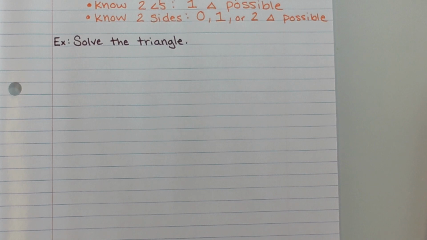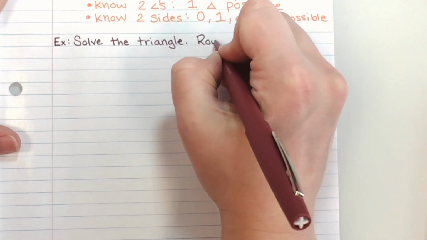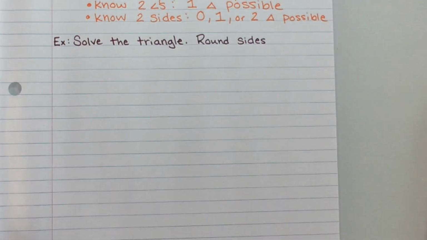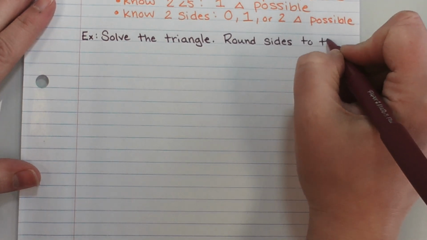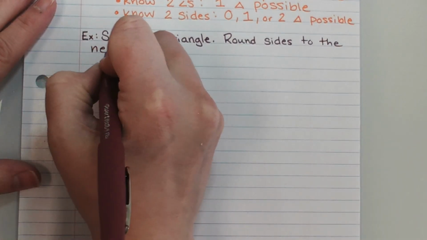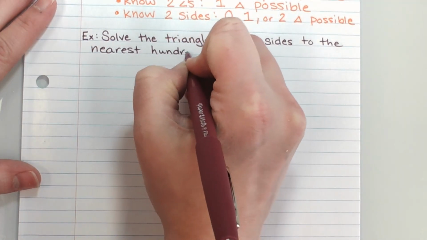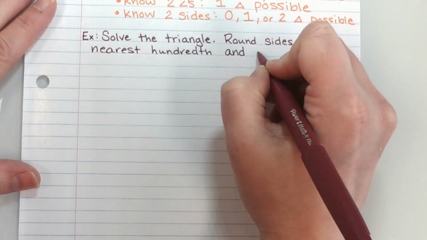All missing sides, all missing angles. We will round for notes, sides, when we get back. Where's the worksheet? Okay, we're going to round sides to the nearest hundredth. And angles to the nearest degree.